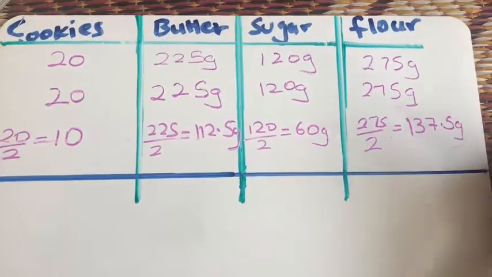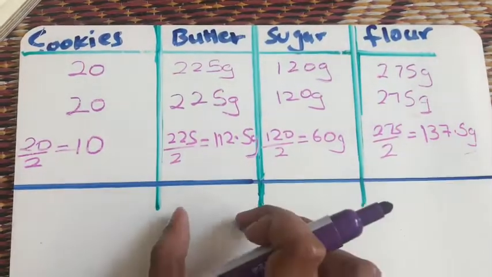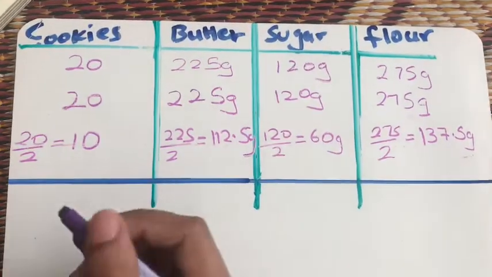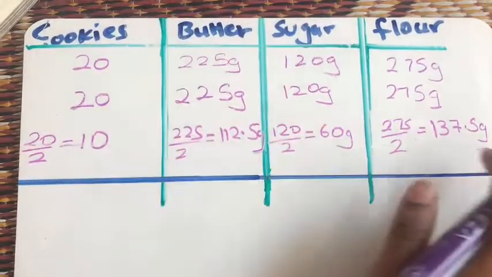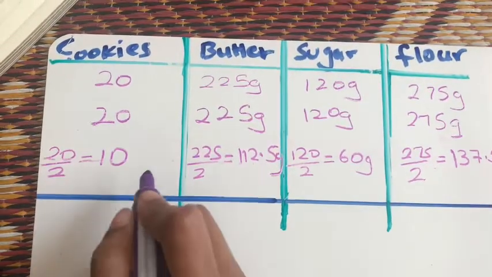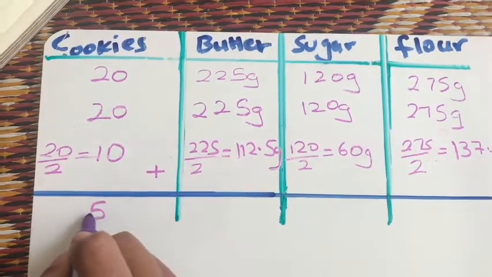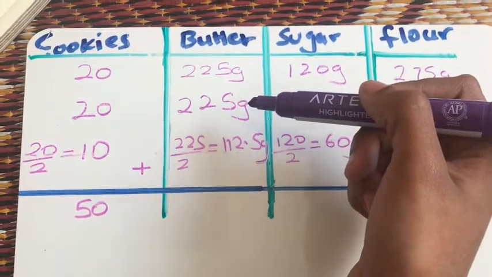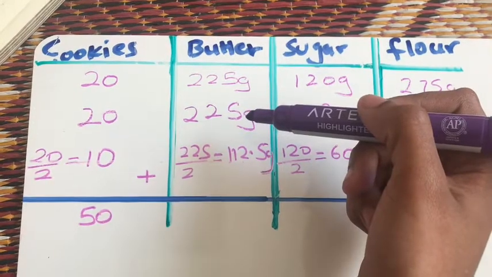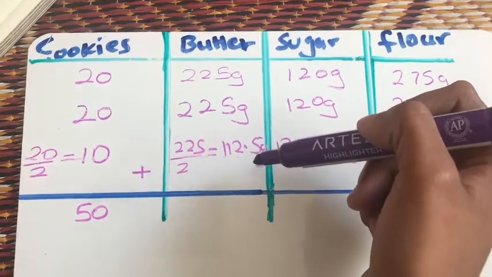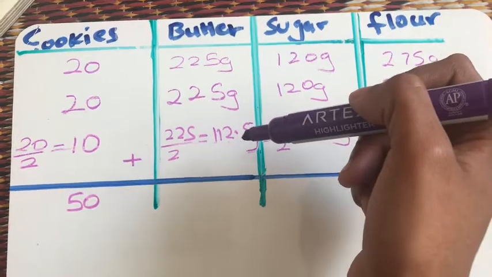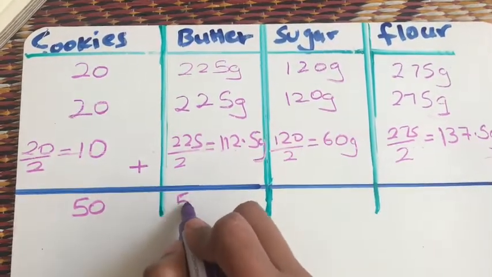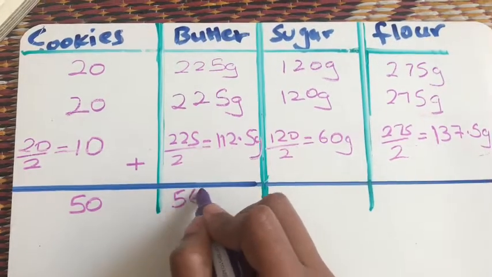So now we need to add them so that we can find out what amount she needs in total. Liz wants to make these cookies, so she wants to know how much of each she would need. So if we add this, we get 50 cookies. 225 plus 225, that's 450, plus 112.5, that should give us 562.5.